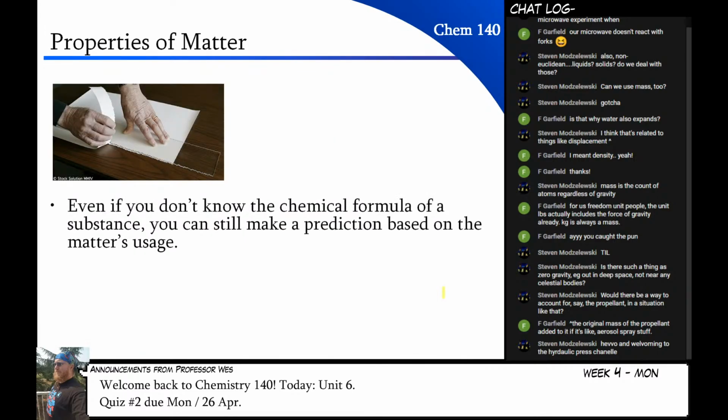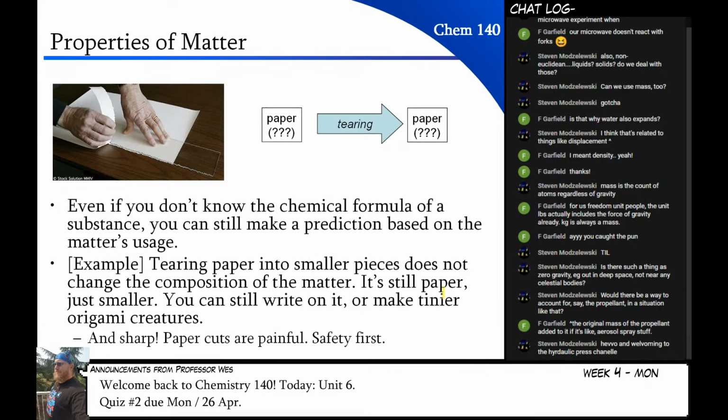Here's another example of an obvious physical change, but a little less obvious to work with because we don't really know the formula of paper. I can make a guess at the formula of paper. So paper is a carbohydrate. It's cellulose, the component of cell walls, or glucose as a disaccharide with a beta anomeric linkage.